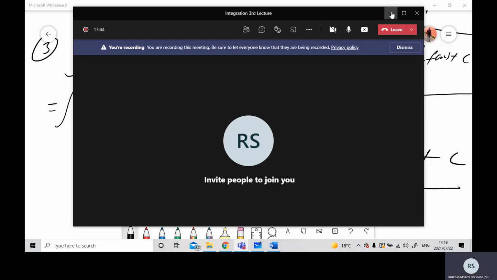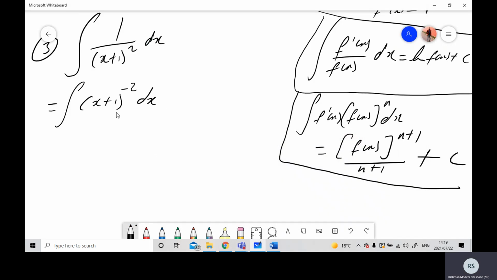I'm sorry about this network problem. For this standard integral, you have some function to the power of n and you must have a derivative, even if it is a constant. You always need to check if f of x has its derivative outside.